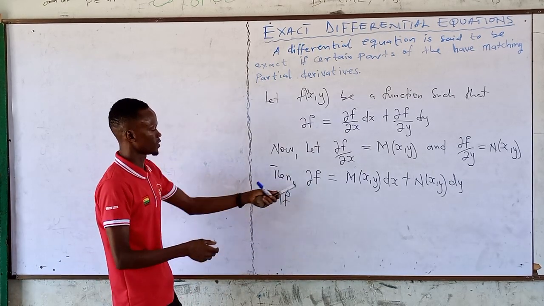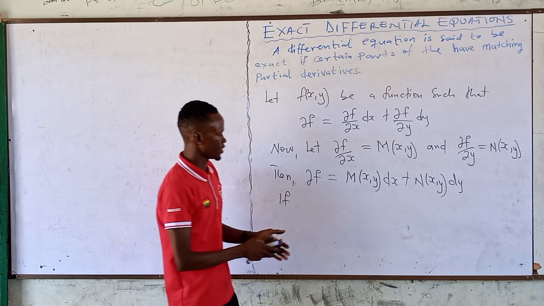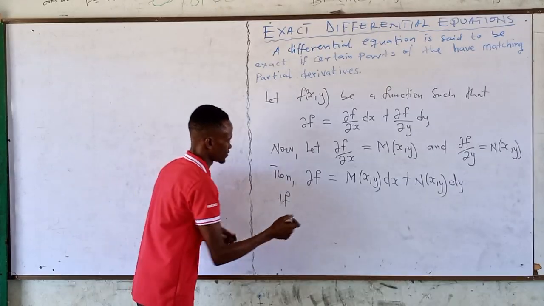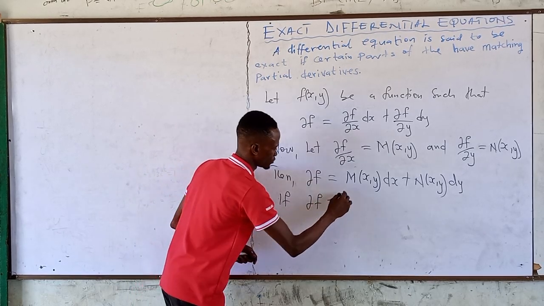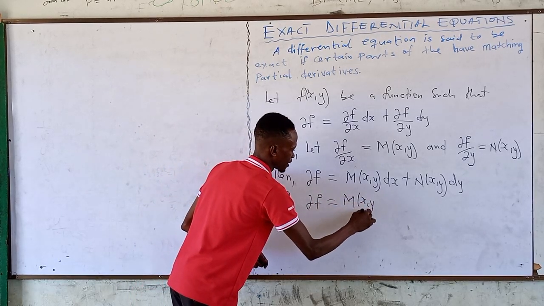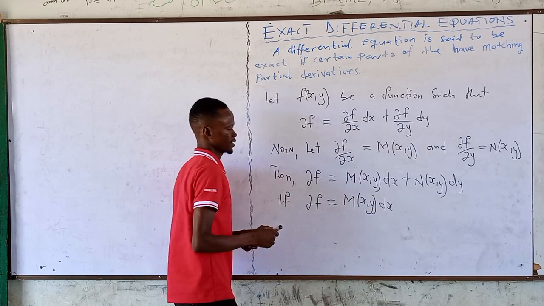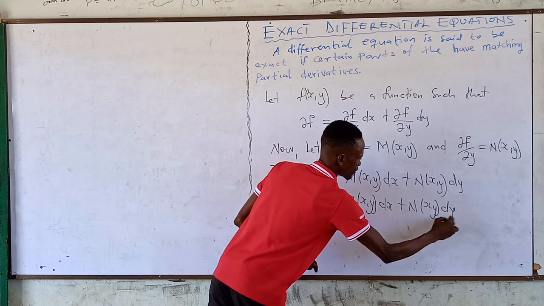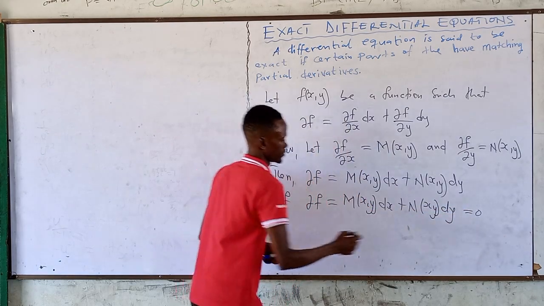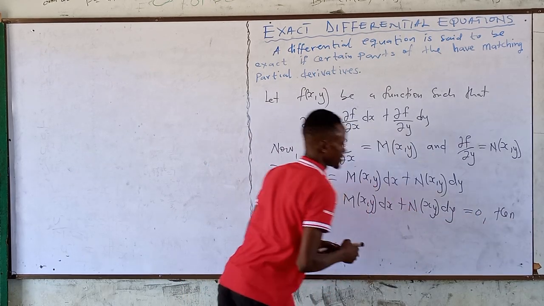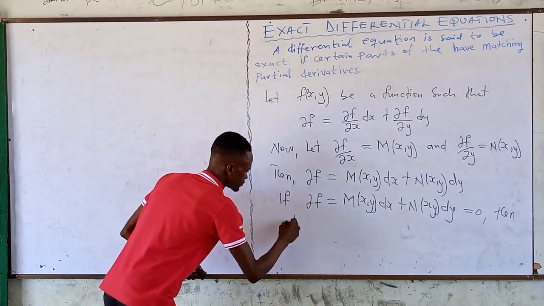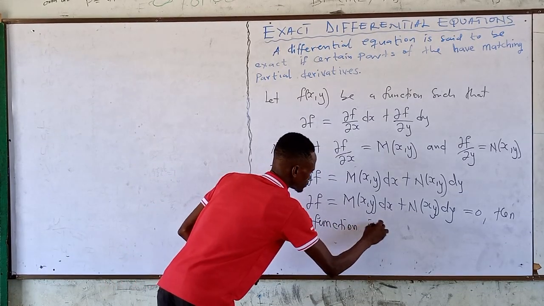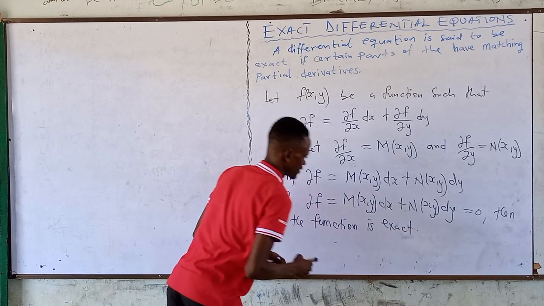So if the total differential of the function f gives us 0, that is, if we combine this and this, and it is equal to 0, that is, del f equal to M(x,y) dx plus N(x,y) dy equal to 0, then the equation is exact.